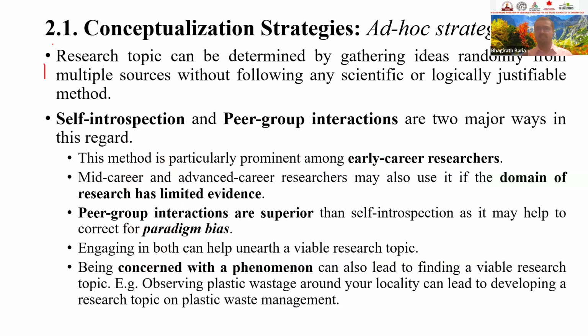It's a very innovation and curiosity driven process. You go around talking with many people, you go to conferences, you go to workshops, you meet somebody, some idea clicks, then you forget about it, then after some time it clicks again, you get some idea on that, you find a collaboration, and then you start working on it. So that's one way of conceptualizing a research topic, an ad hoc strategy.